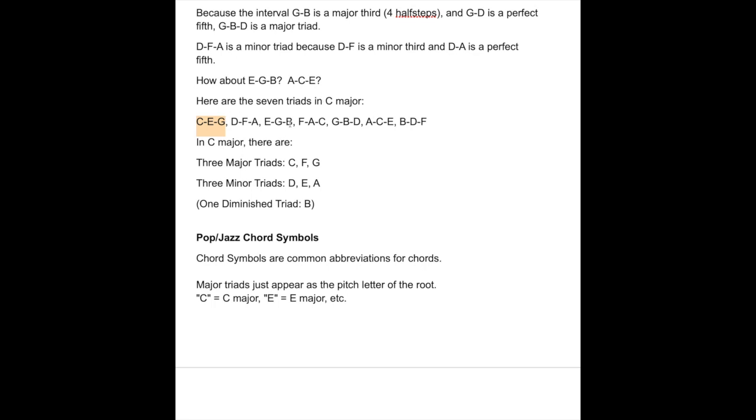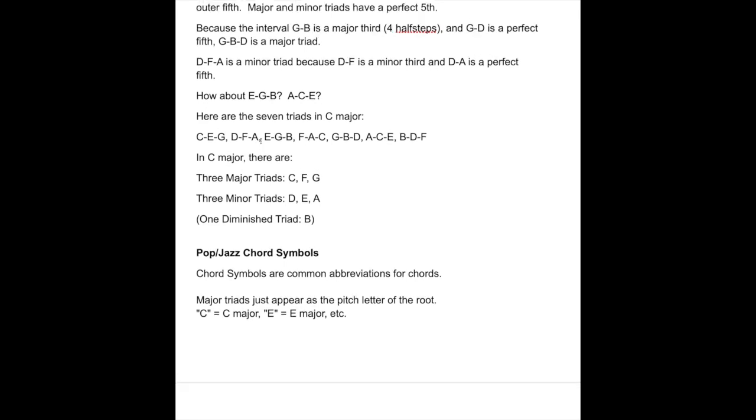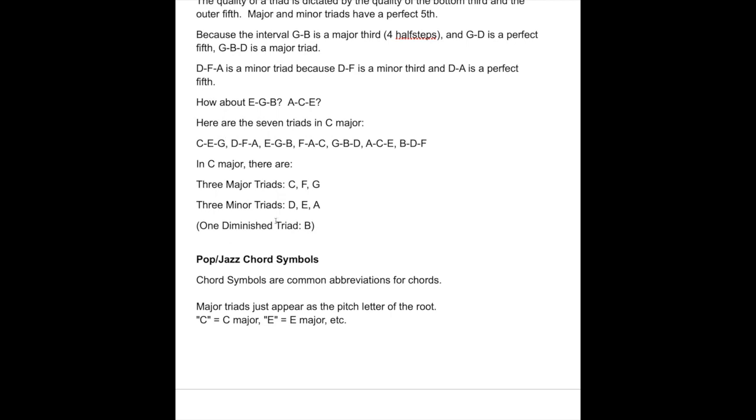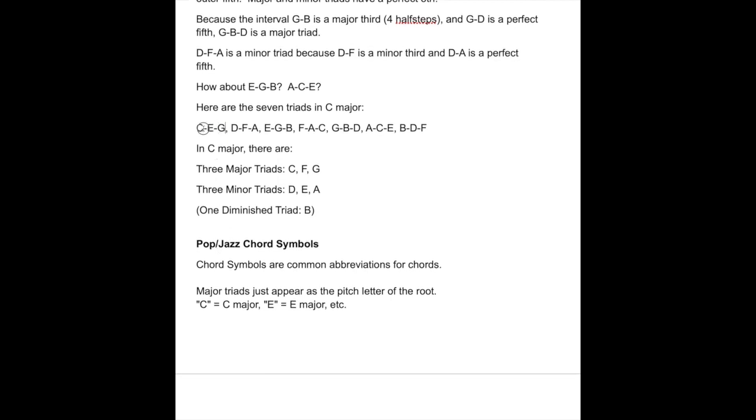We're not going to go through all of them and figure them out at this moment. I'll show you them in a second, but you could measure the half steps between each of these notes, and based on what we just talked about, you could figure out whether they're major or minor or diminished. So C, E, G is major, and you could either memorize that or you could figure it out by counting how many half steps are from C to E. As it turns out, it's 1, 2, 3, 4.